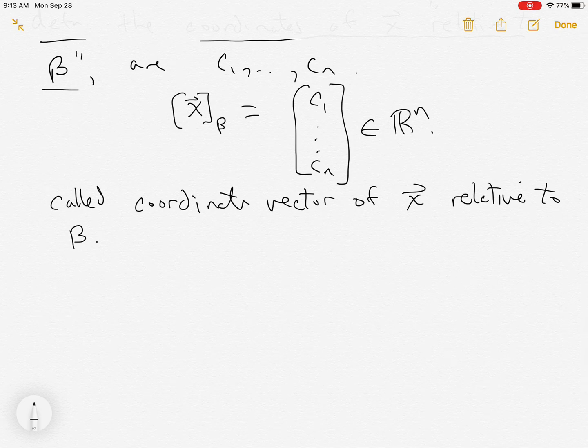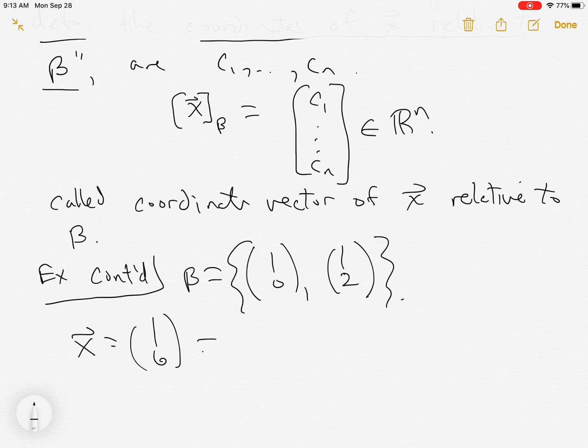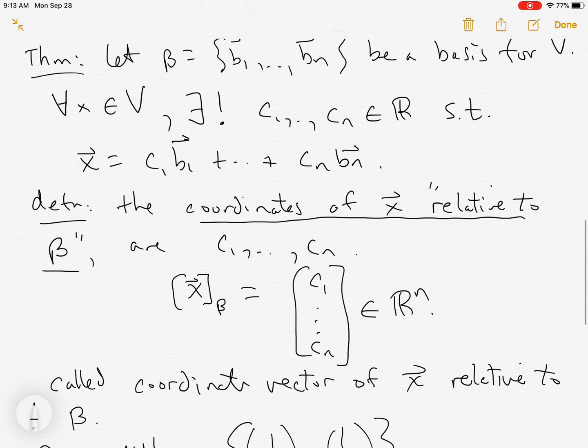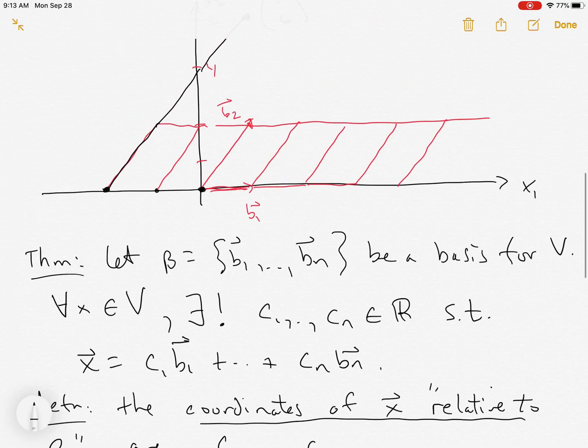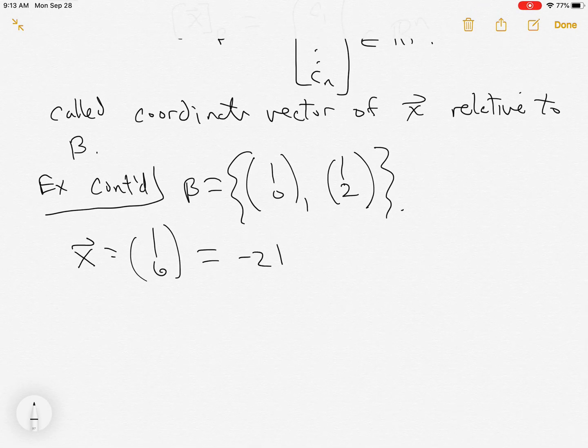So going back to our example continued. If we use the second basis we had there, the non-standard one, (1, 0), (1, 2), with our graph paper, then the vector x, which is (1, 6), equals -2 b1 plus 3 b2.